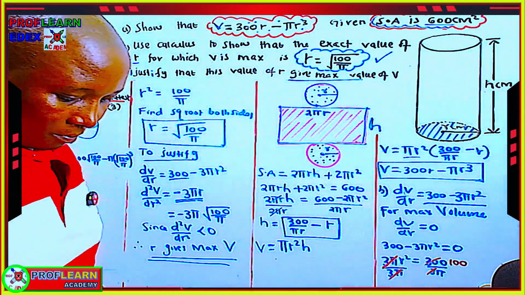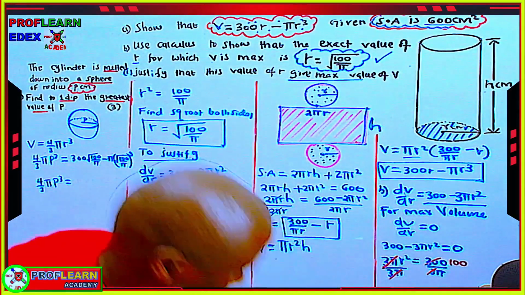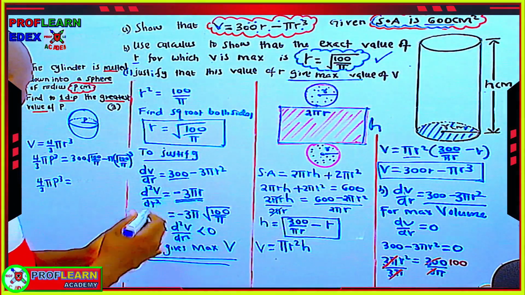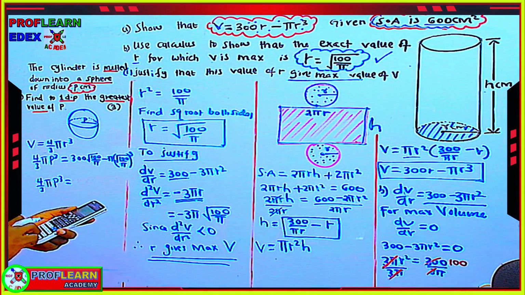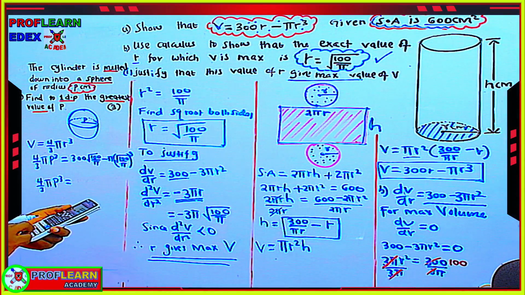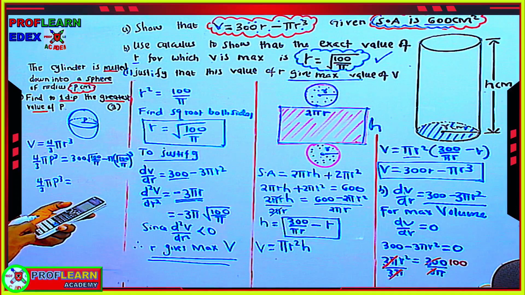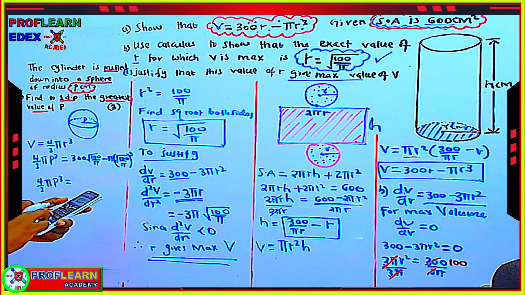You can put this in your calculator in order to work out what this part will be equivalent to: 300 root 100 over pi, minus pi into bracket root 100 over pi, and this is raised to power 3.